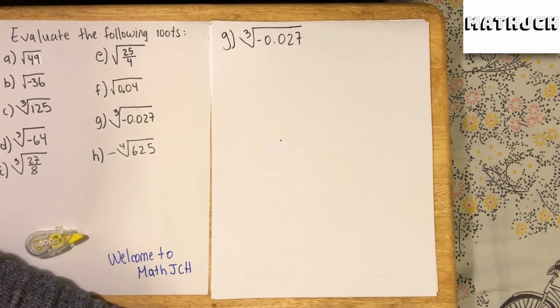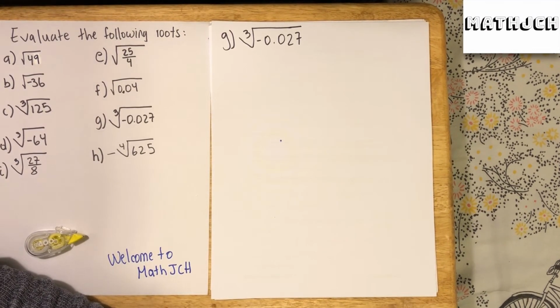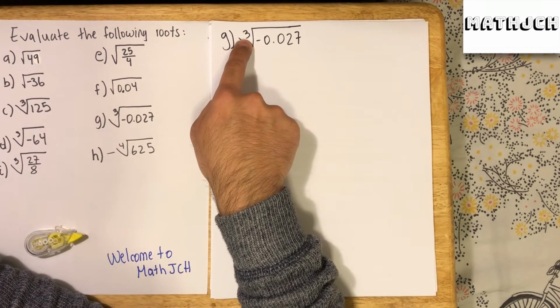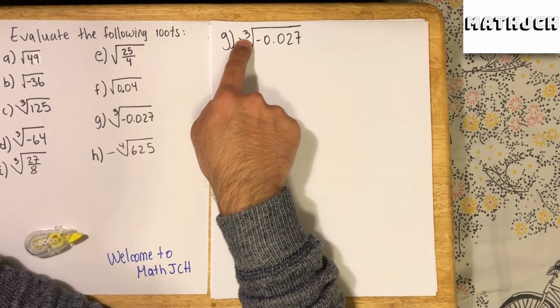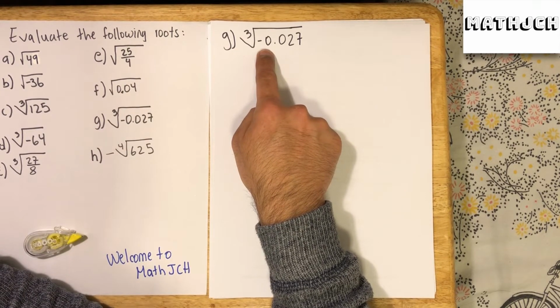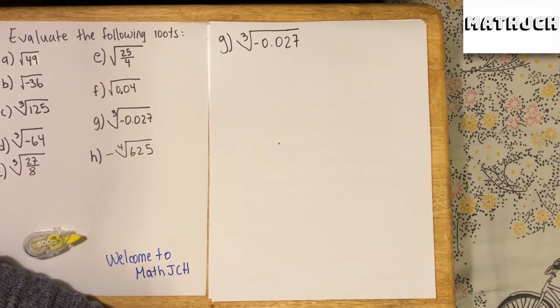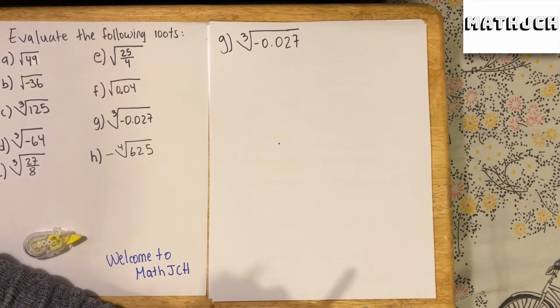For our next problem, we have a cube root of a negative decimal, negative 0.027. Again, our index is an odd number, so it is okay to have a negative number inside a radical. So we need to convert the decimal number into a fraction in order to make a simple approach to evaluate the root.